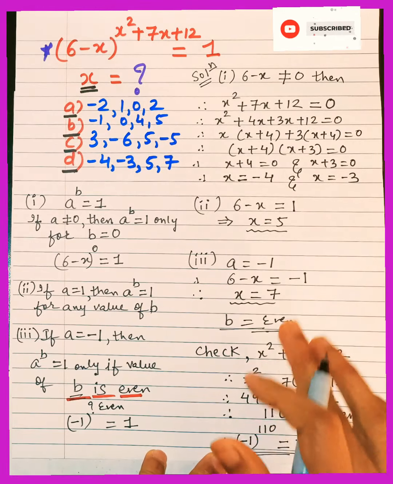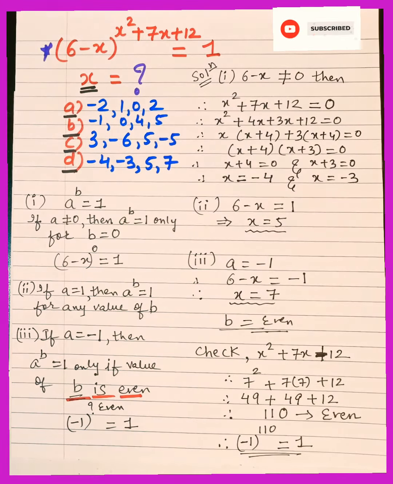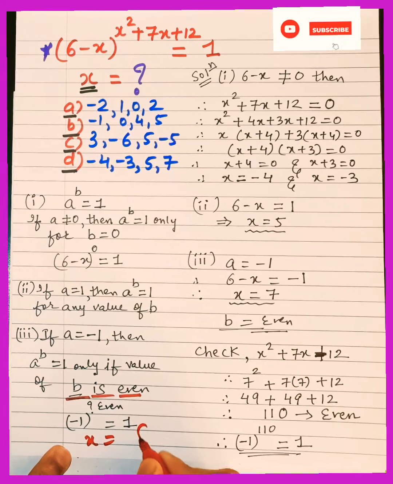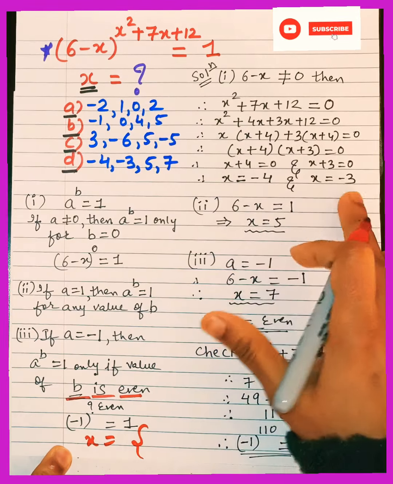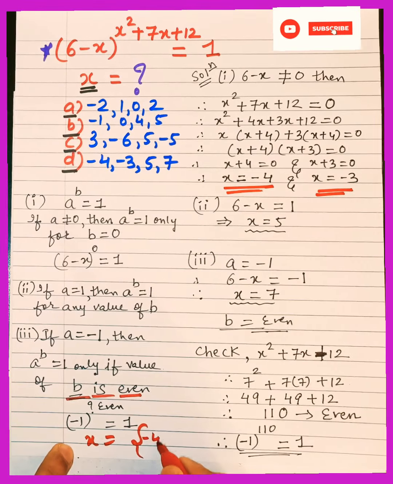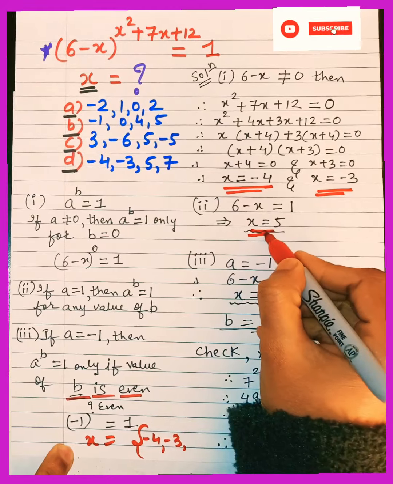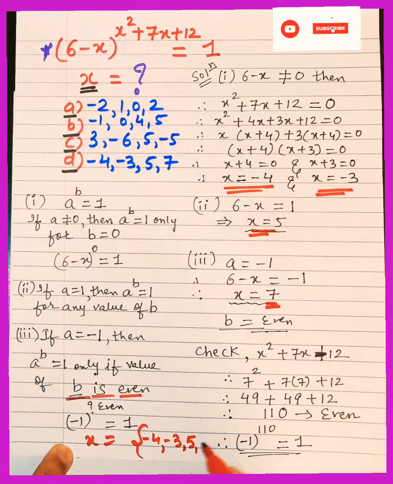So here we have 4 answers for x. Let me write the final solution set for x. The values we have got are minus 4 and minus 3, then 5, and here we have got 7.